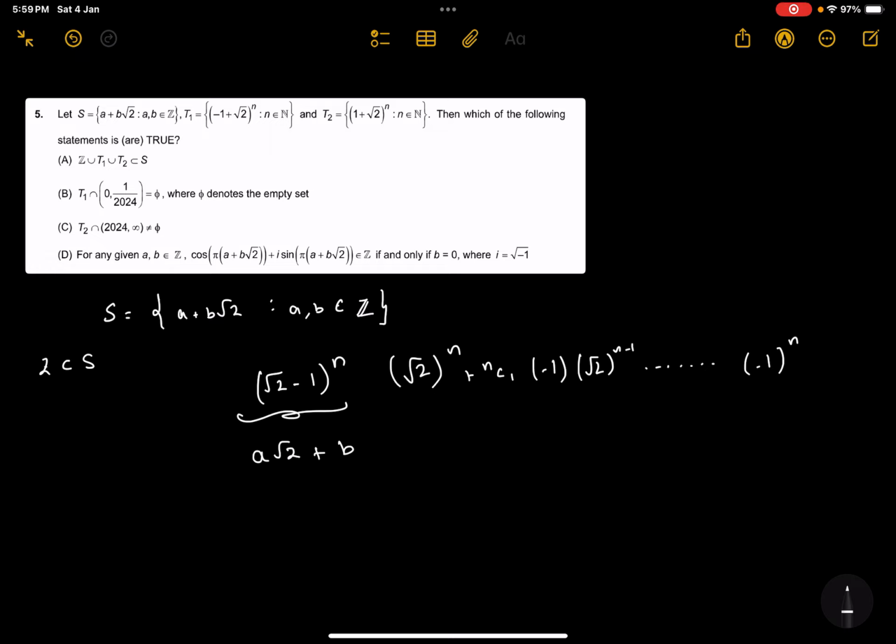So clearly all the terms would either be of the form a root 2, let's say a1 root 2, or b1. So adding all of them, we will have only this form of terms.